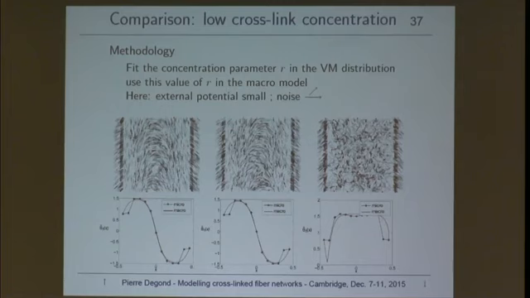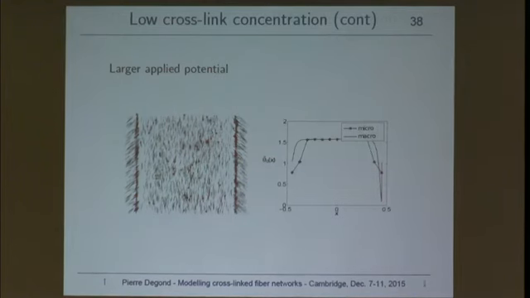So at low crosslink frequency, we fit the concentration parameter in the von Mises against the simulations, and we use that fitted value of R to compute the solutions of the macroscopic model, and we get a fairly good agreement. I have some movies I'll show you at the end. However, so that's the large applied potential.